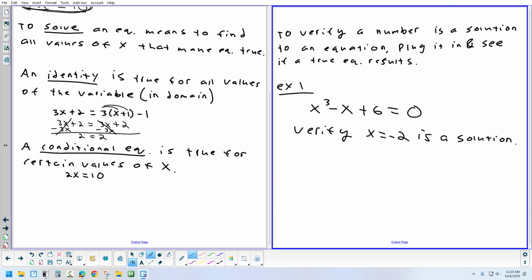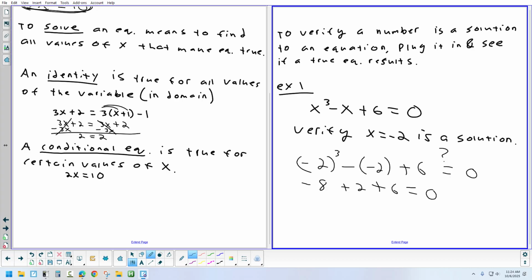How would I verify that -2 is a solution? What would I do? Yeah, plug in -2 everywhere you have an x, and see if you get a true statement. So let's do it out. What's -2 cubed? -8. Minus -2 becomes what? That becomes a +2.